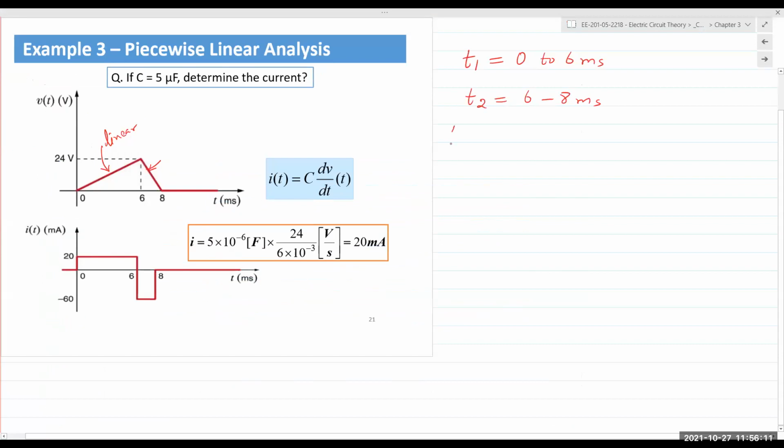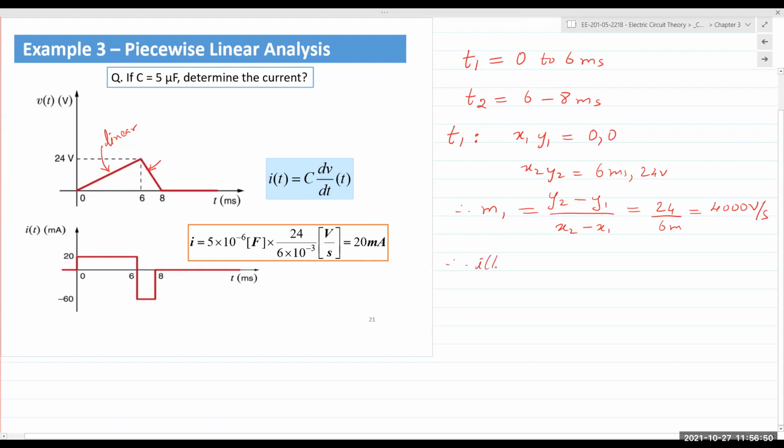So for T1, we need to find the slope. We're going to find M1. We find the two coordinates. X1, Y1 is 0, 0. X2, Y2 is 6 milliseconds and 24 volts. So M1, which is Y2 minus Y1 over X2 minus X1, gives me 24 over 6, which gives me 4,000 volts per second.